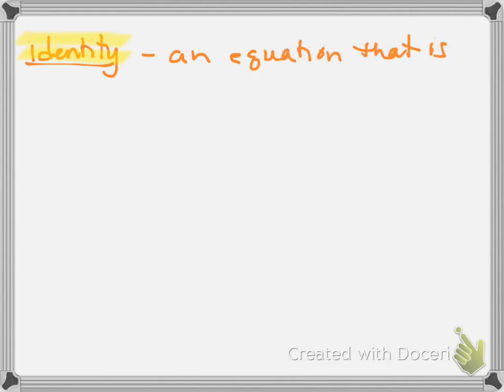So let's go back to our first page, our note page, and let's write down our last word, and that's that word identity. Okay, and so identity is an equation that is true for every value of the variable.